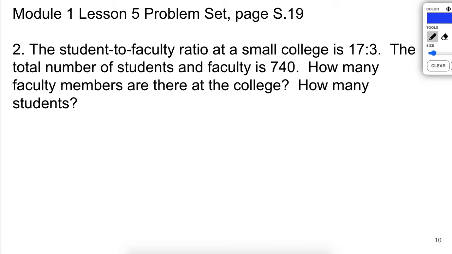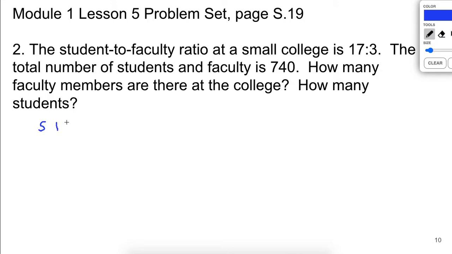So this one's one I normally wouldn't do with a tape diagram, but I already did the other one with a tape diagram. So we have students, which is 17. We've got 1, 2, 3, 4, 5, 6, 7, 8, 9, 10, 11, 12, 13, 14, 15, 16, 17.